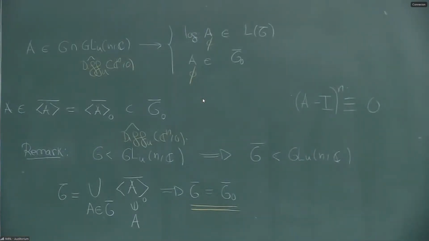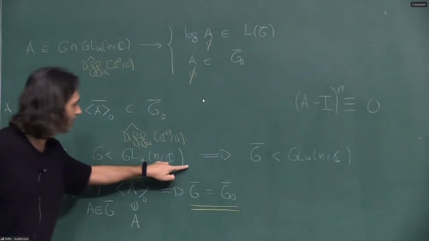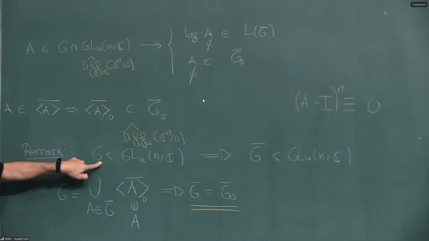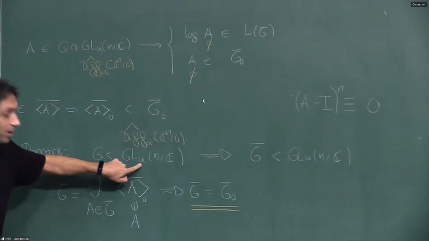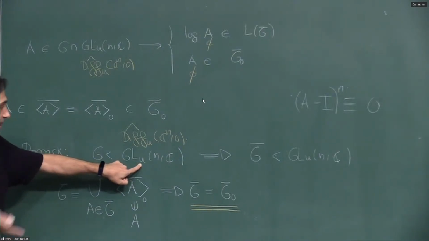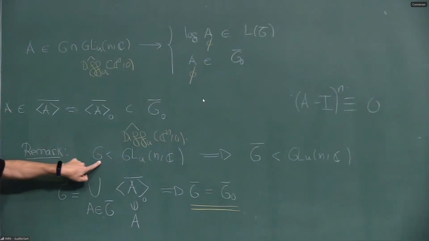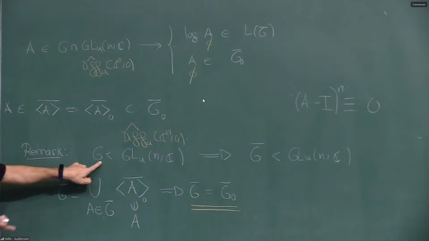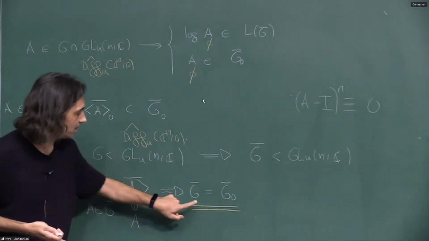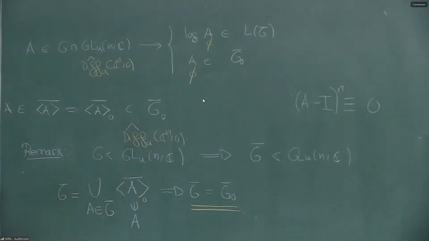But you can see that this property over here depends just on the linear parts of the elements of G. What happens besides the linear part doesn't matter, because being unipotent means that the linear part is unipotent. It's a condition on the linear part of every element. So we have a condition over here on the linear part of G that guarantees that you have this equality, that the Zariski closure is connected, right?